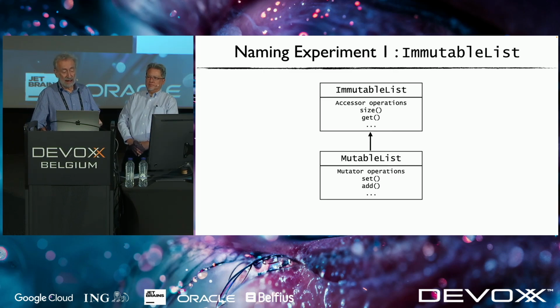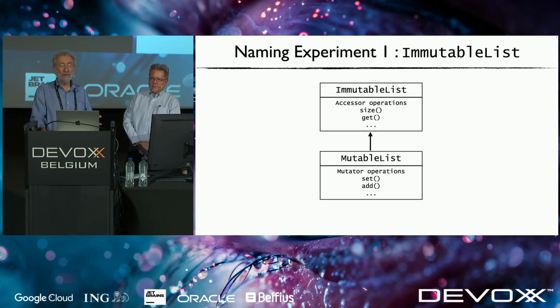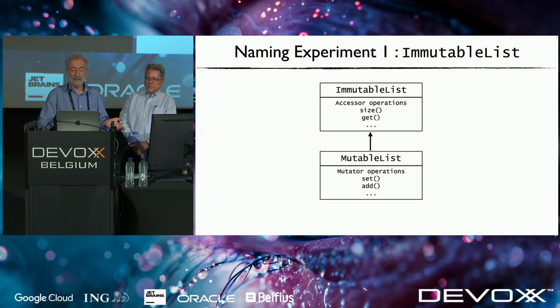The subclass adds the set method and add methods and so forth. So in terms of subclassing, and the classic thing about how inheritance adds new methods in the subclass, that kind of looks like it makes sense. It's certainly not obvious that you could have it any other way around.